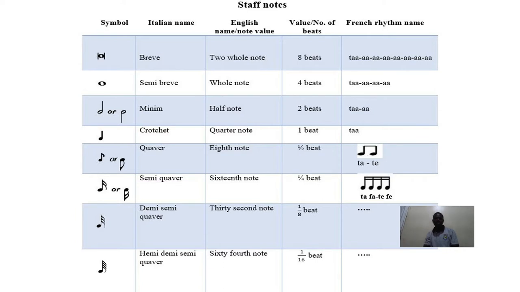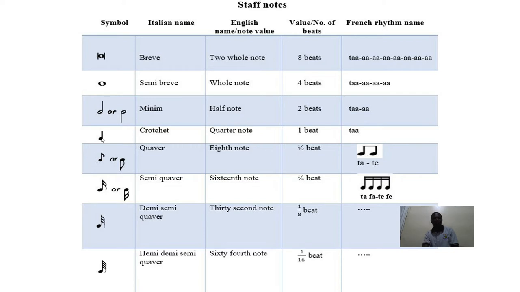Ta. Next, we have a minim. The minim can be written with the head and the stem. It can be written with the head down and the stem up, or upside down with the stem down and the head up. It's a minim, it's a half note. Half note is 2 beats long. Ta.